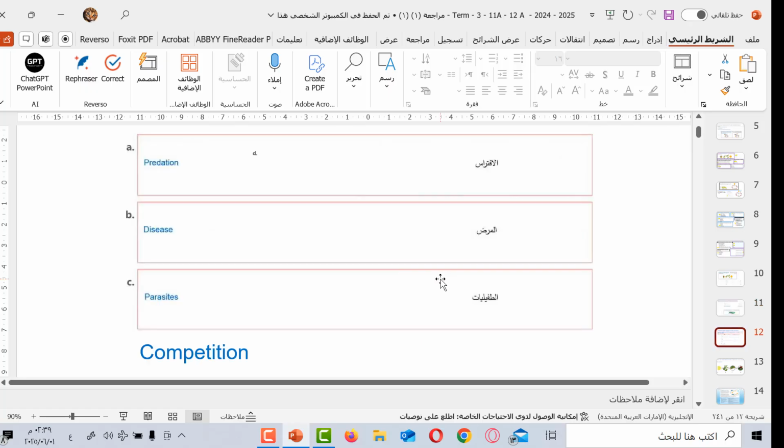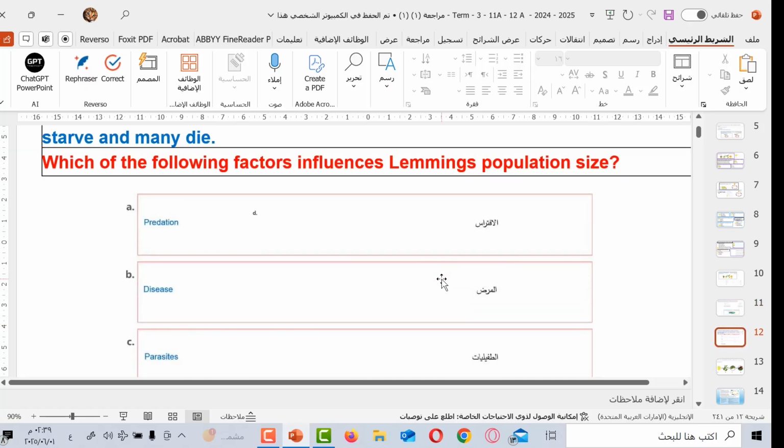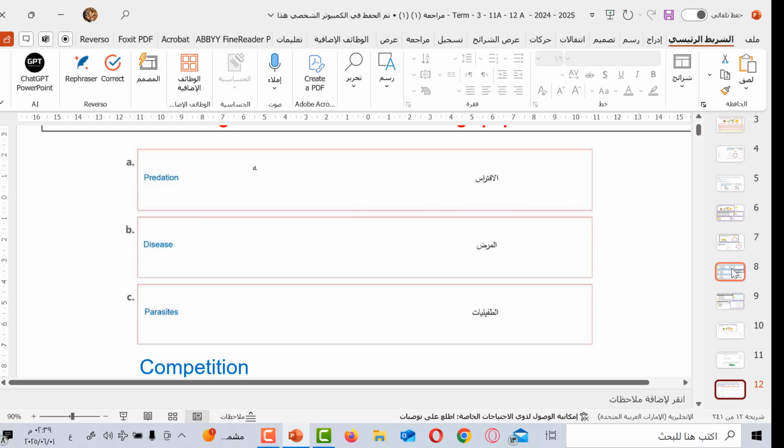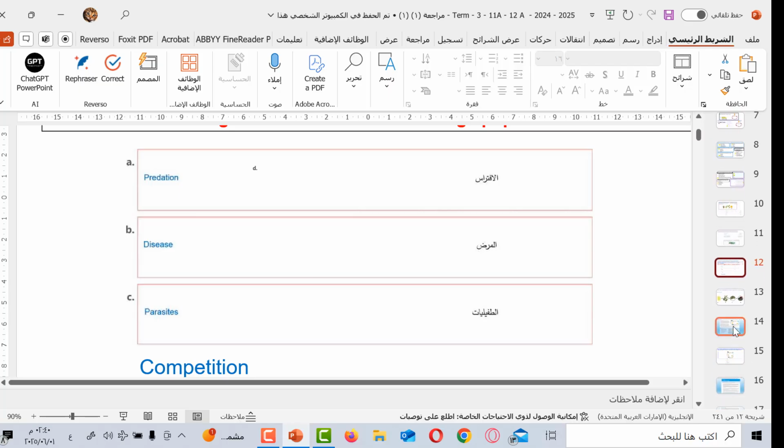The position is not in the right position. Which of the following is a factor influencing lemming population size? That's not here again. Okay, let us go to the next one.